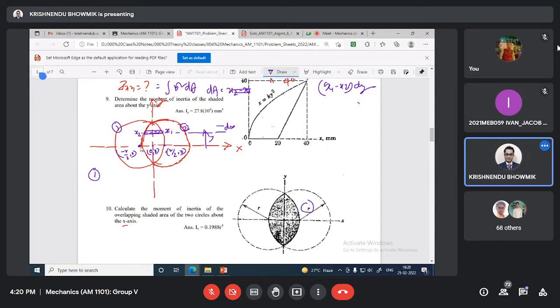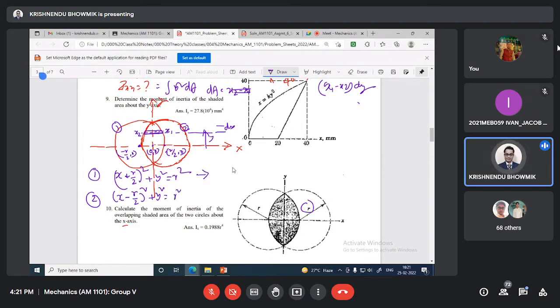That means for circle equation 1, it is x plus r by 2 whole square plus y square equal to r square. And for equation 2, it is x minus r by 2 whole square plus y square equal to r square.